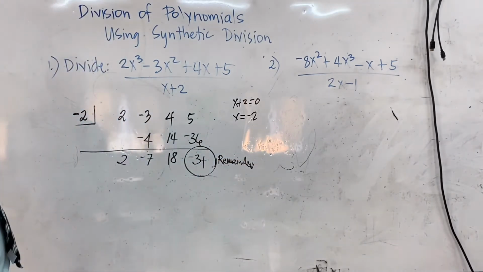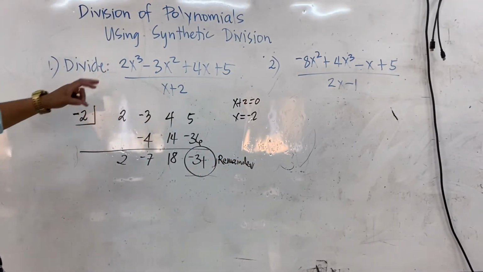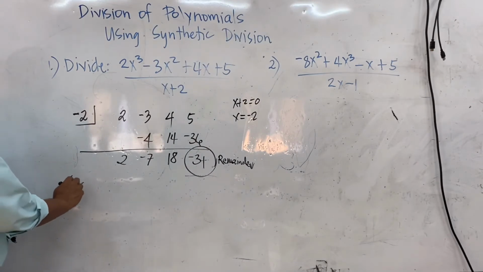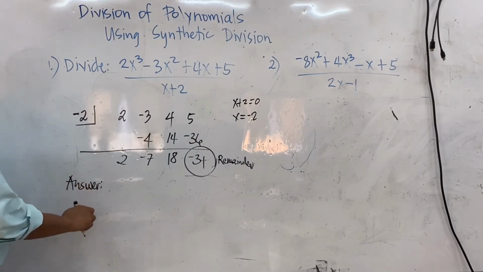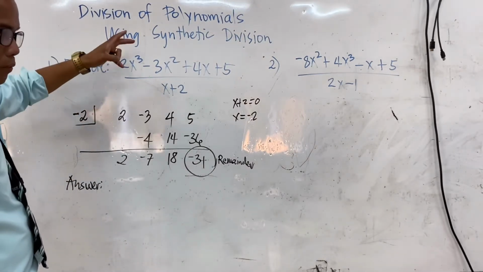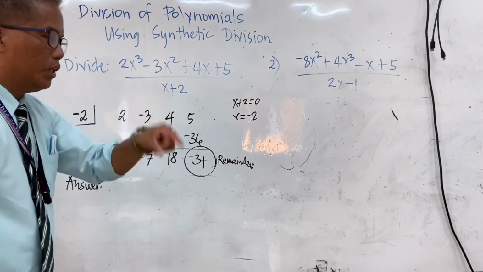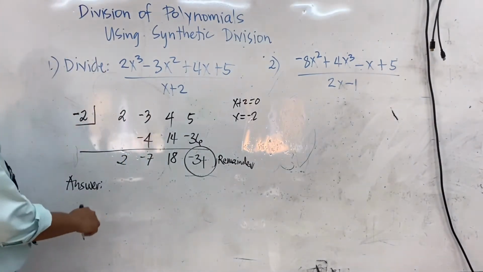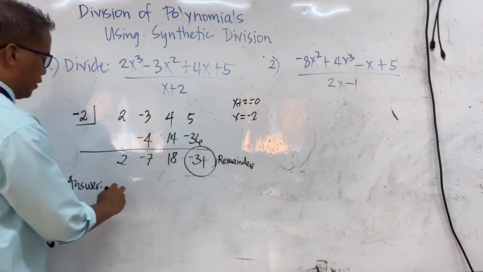To write the final answer, the highest exponent is 3, so just subtract it by 1. So 3 minus 1 equals 2. This will serve as the exponent of your first term.